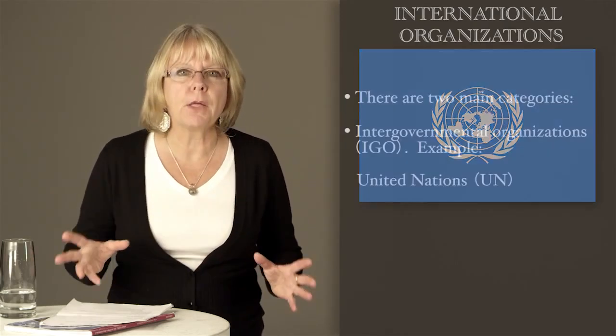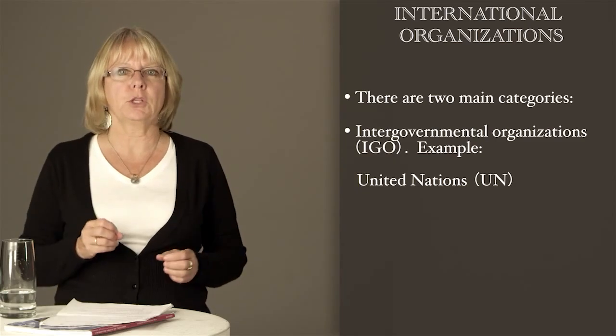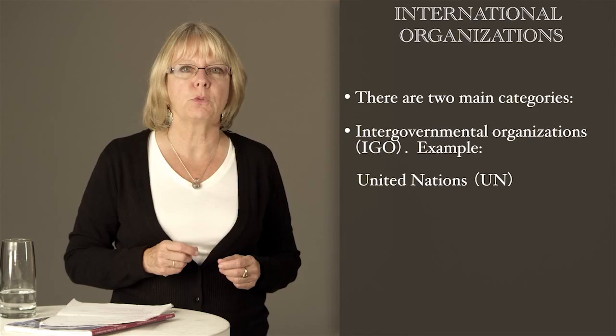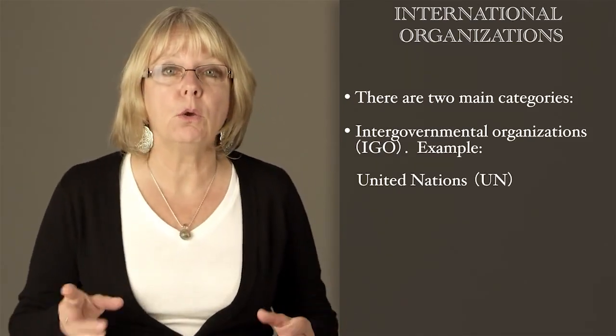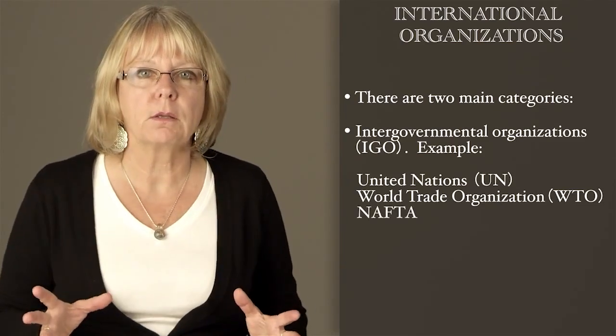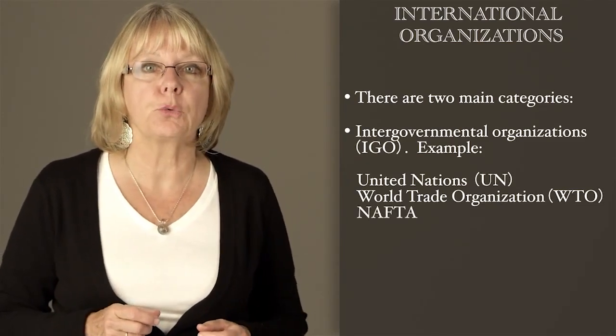The United Nations itself is an international organization. Here are some other examples of international organizations, these ones directly concerned with business. There's the WTO, the World Trade Organization. There's NAFTA, that regulates regional trade.